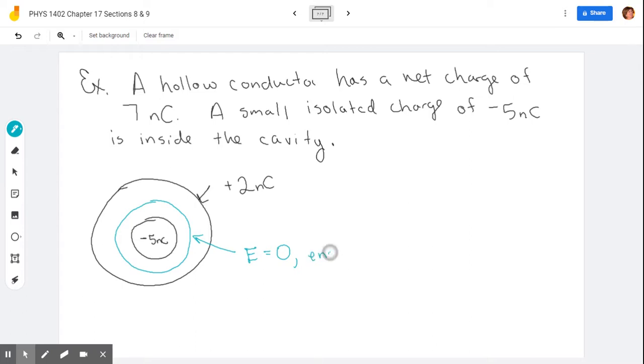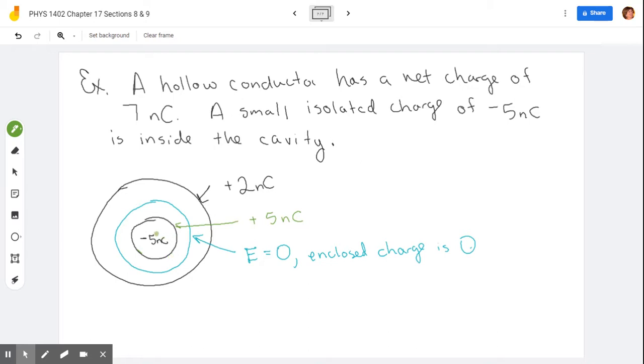The enclosed charge is 0. The only way my enclosed charge is 0 is if I get a positive 5 nanocoulombs on the interior surface here.